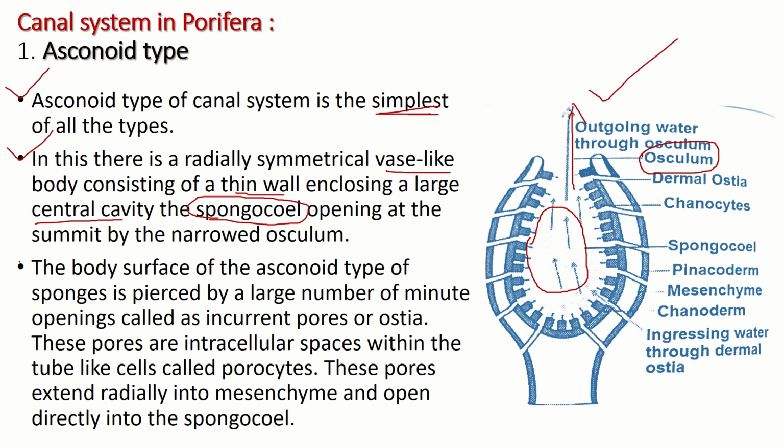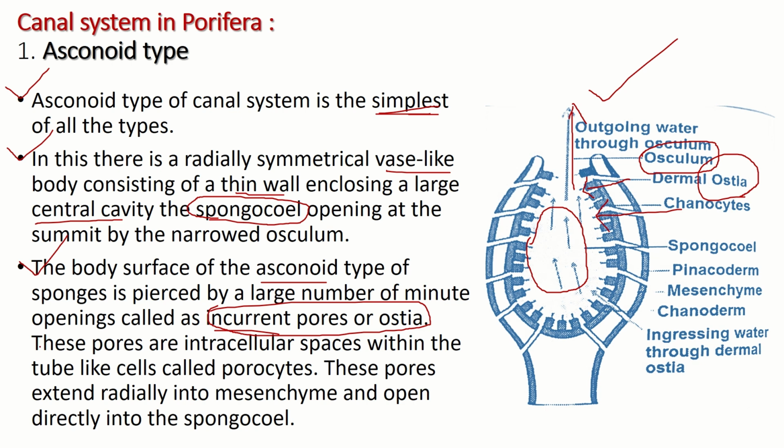The body surface of the asconoid type of sponges is pierced by a large number of minute openings called incurrent pores or ostia. The body has numerous small pores on the outer side. Through these pores, called ostia, the water comes into the spongocoel or into the body of this type of organism.